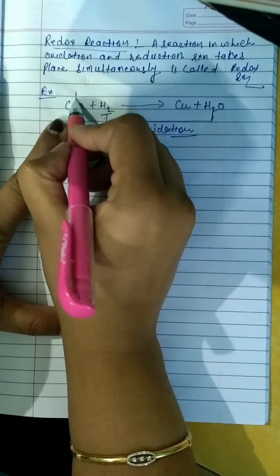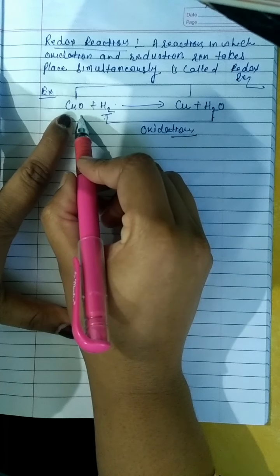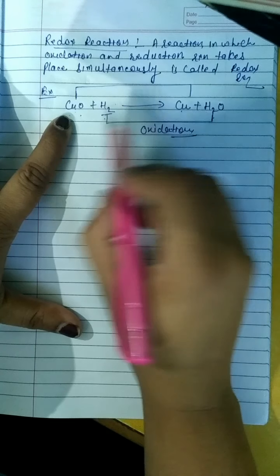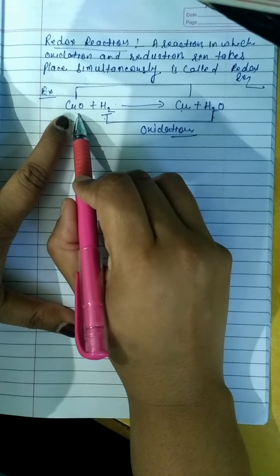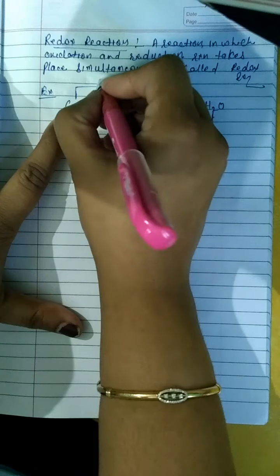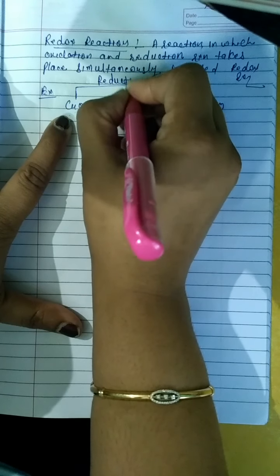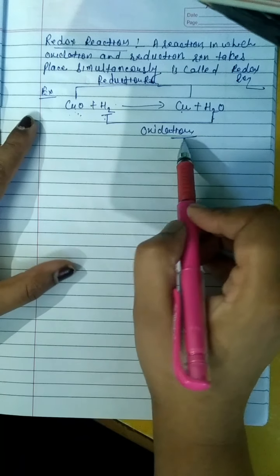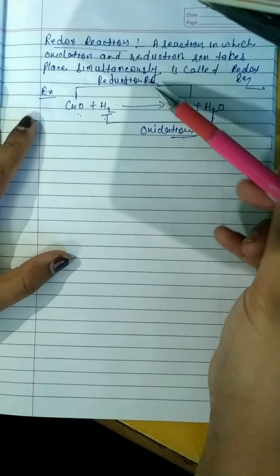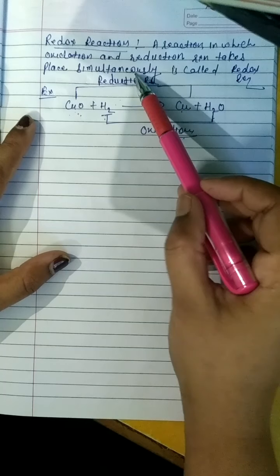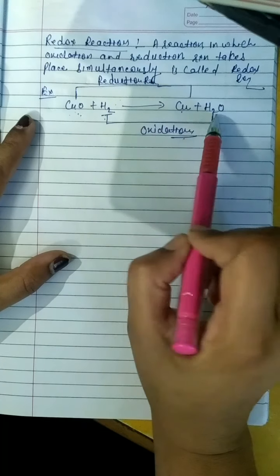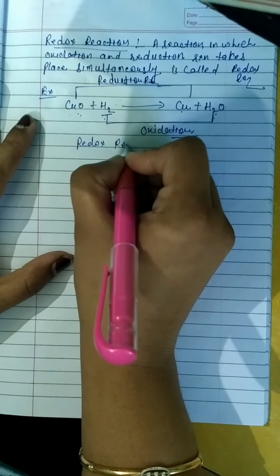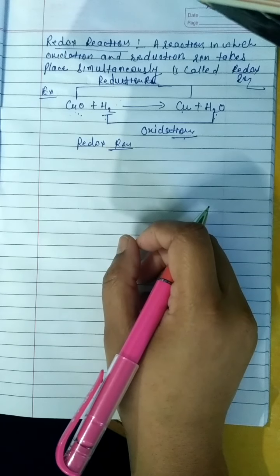But in this copper oxide, only copper we get. It means the removal of oxygen takes place from this section. So that's why it is called reduction reaction. This one is a oxidation and this one is a reduction. And both the reactions, oxidation and reduction, take place in a single reaction. So that's why it is the example of a redox reaction. Clear?